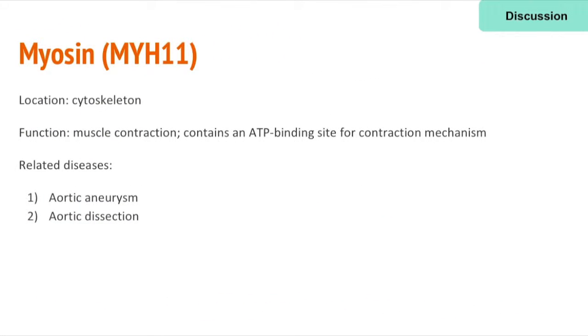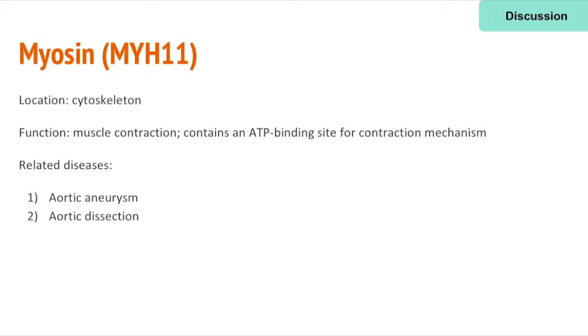The protein encoded by MYH11 is a smooth muscle myosin belonging to the myosin heavy chain family. The gene product is a subunit of a hexameric protein that consists of two heavy chain subunits and two pairs of non-identical light chain subunits.